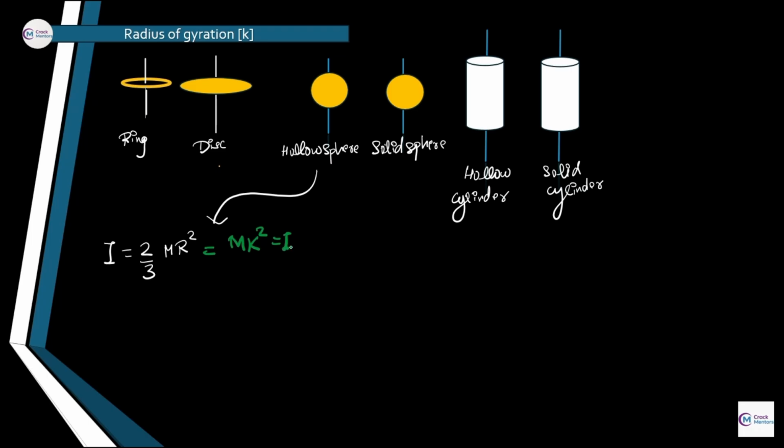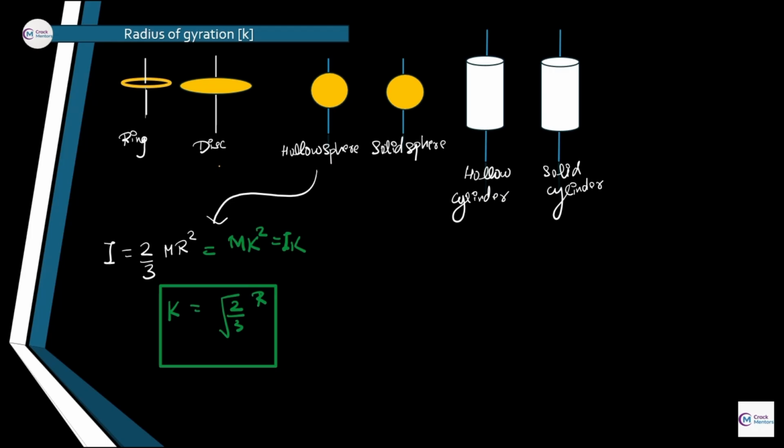Now the k value is equal to under root 2 upon 3 times r. I am assuming the mass of all bodies is M, and the radius of all bodies is capital R. Now let us talk about the solid sphere.